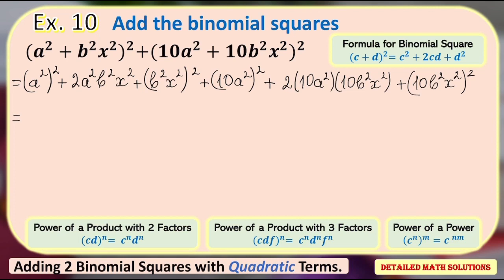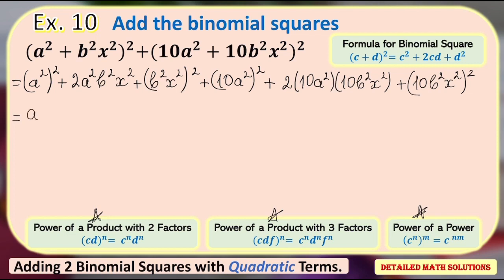Next, I need to apply the rule for power of a product with two factors. I also need to apply the rule for power of a product with three factors and the rule for power of a power. When I do that, for the first term, (a²)², I need to use the rule power of a power and multiply the exponents, 2 times 2.